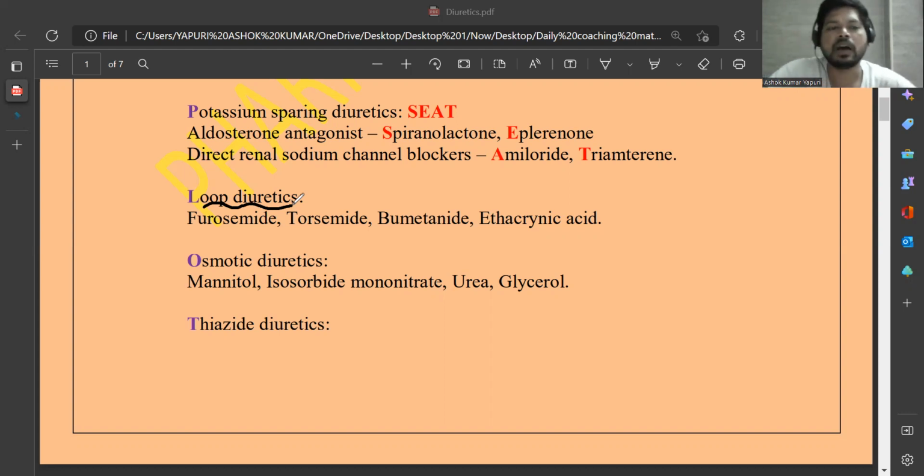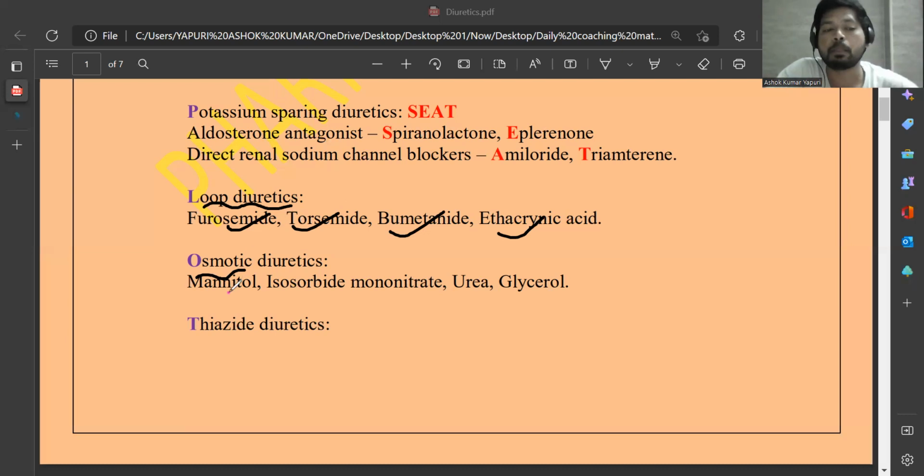Okay. Examples of loop diuretics are furosemide, torsemide, bumetanide, ethacrynic acid. And next, osmotic diuretics. The name itself indicates these are diuretics that, by the action of osmosis, drag excess body fluids into the kidney and eliminate them through the urine.